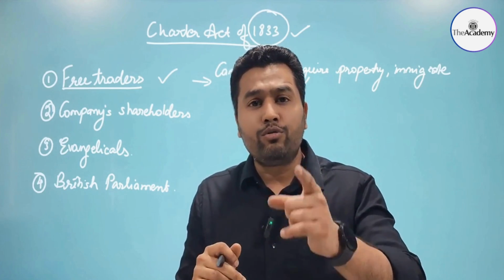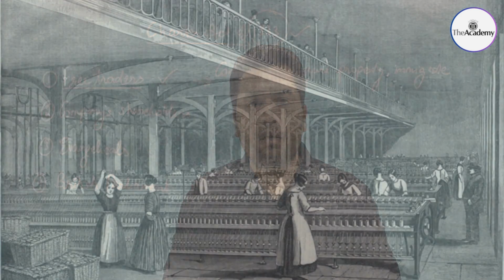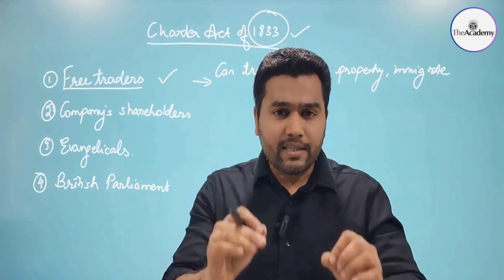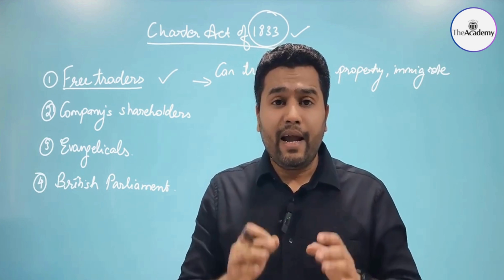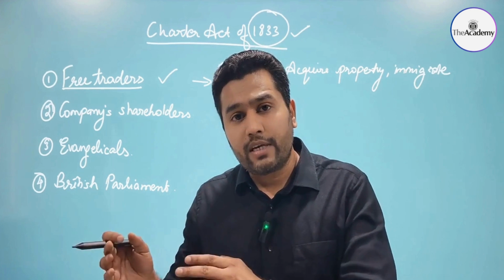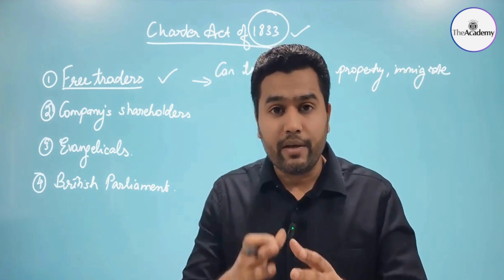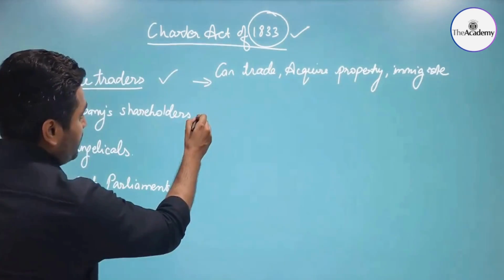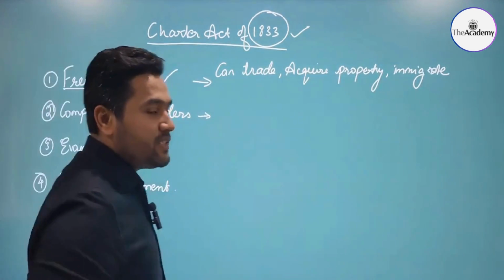The company was told to close all its commercial activities, and it was supposed to restrict itself to only administrative and political activities, political domain. However, the interests of company's shareholders were safeguarded.